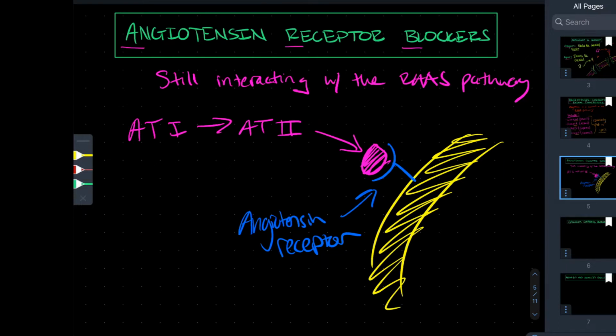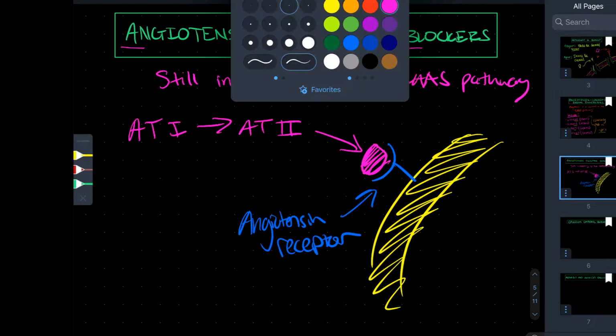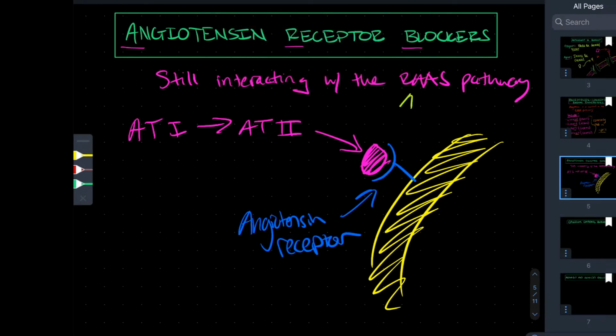But an angiotensin receptor blocker, also called an ARB, is going to block this, which means that angiotensin 2 cannot bind, which means that there is no increase in blood pressure. So it's just a different part in the RAS pathway that we're affecting.